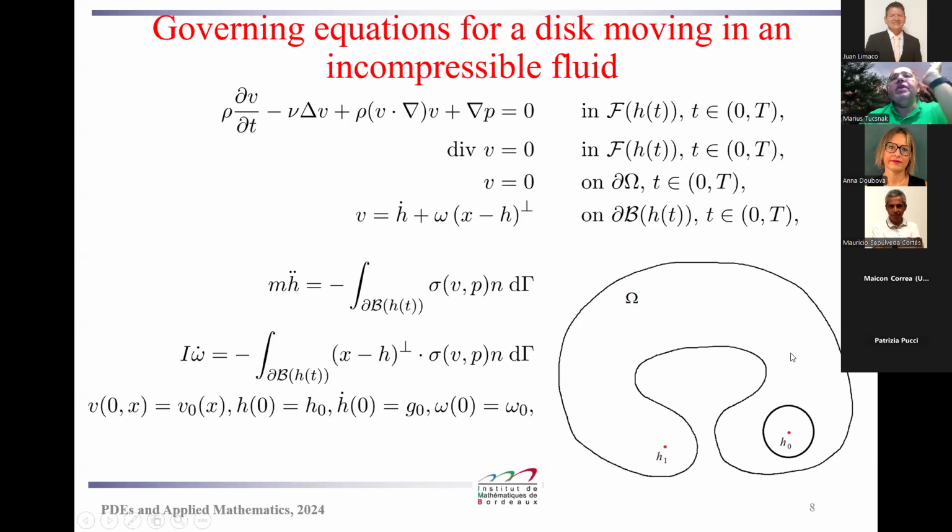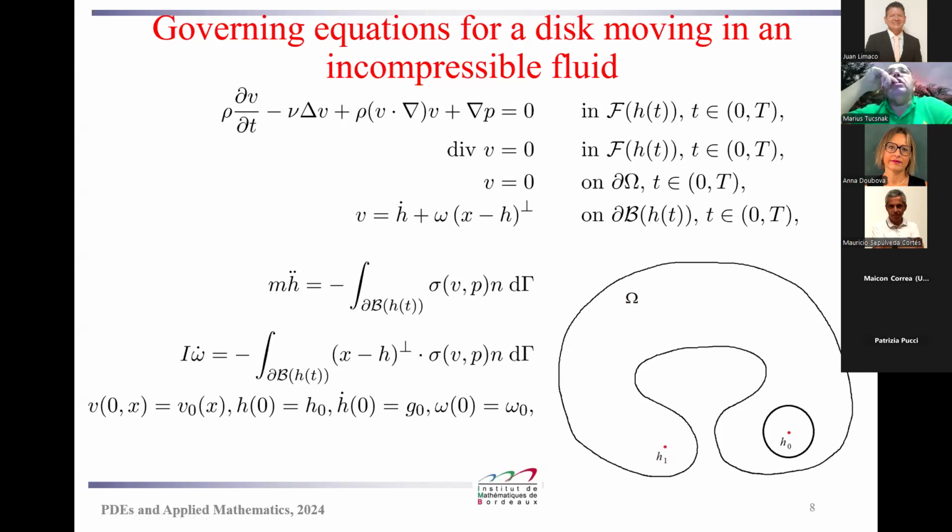So the physical situation here is I have a container, capital Omega, which has this croissant shape. Inside, I have fluid, and inside the fluid, I have a rigid ball of center h(t) and say of radius 1. And then the domain filled by the fluid, denoted by F(h(t)), is determined only by the position of the solid.